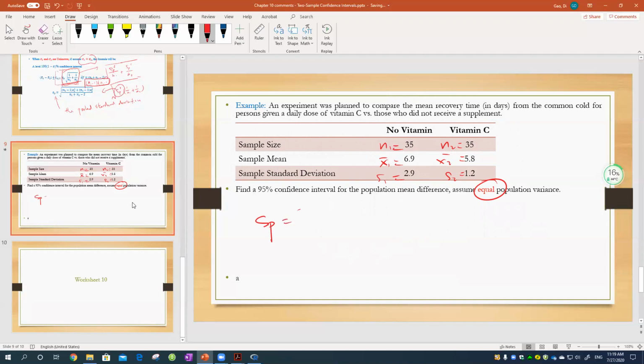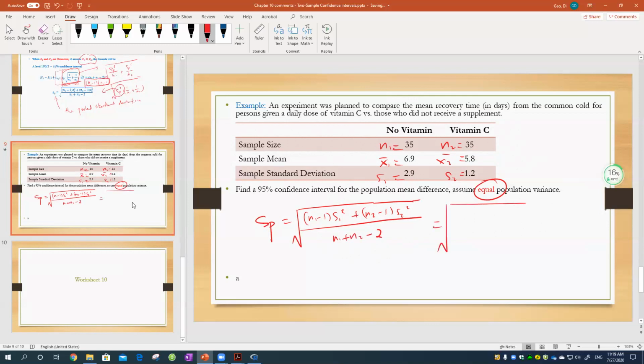So the pooled standard deviation will be the square root of N1 minus 1 times S1 squared plus N2 minus 1 times S2 squared over N1 plus N2 minus 2, which is the degree of freedom of the T distribution.